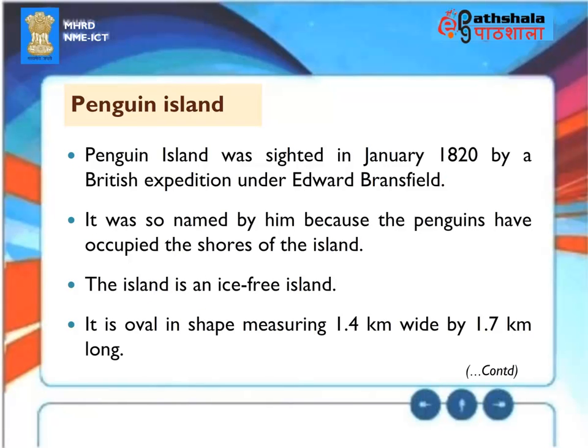Penguin Island. Penguin Island was sighted in January 1820 by a British expedition under Edward Bransfield. It was so named by him because penguins had occupied the shores of the island. The island is ice-free. It is oval in shape, measuring 1.4 kilometers wide by 1.7 kilometers long.